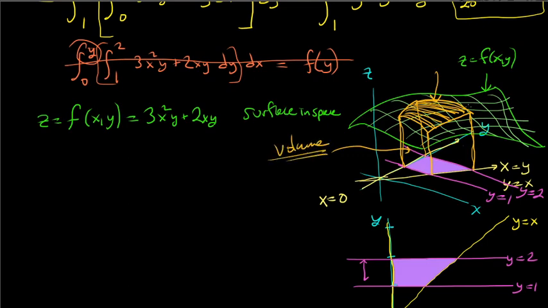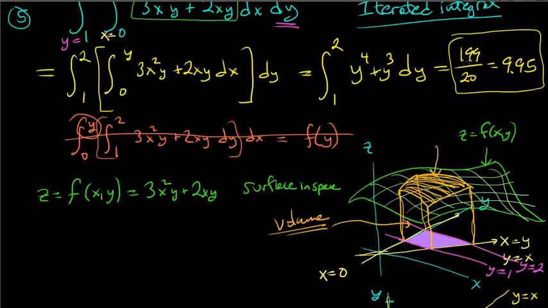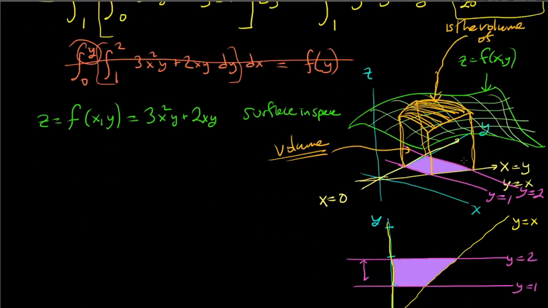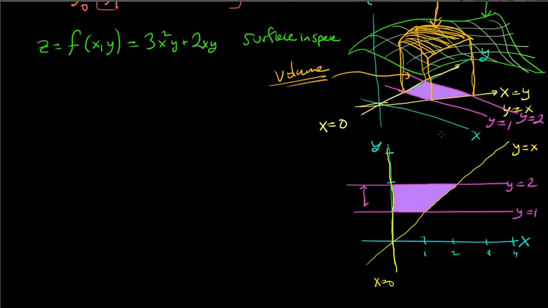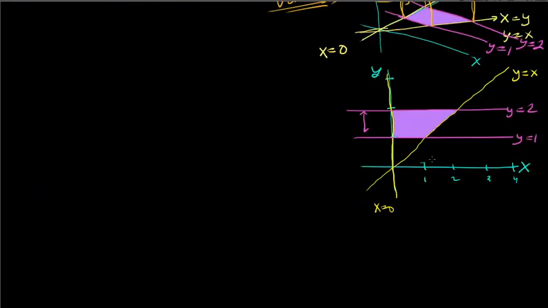If we were to measure that volume, we would get 9.95. So this number is the volume of this solid region underneath the surface. And that should not be a surprise.